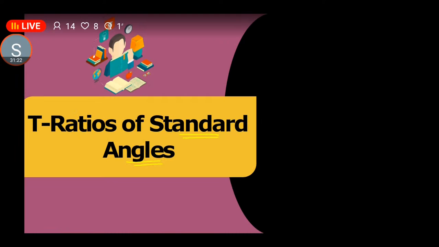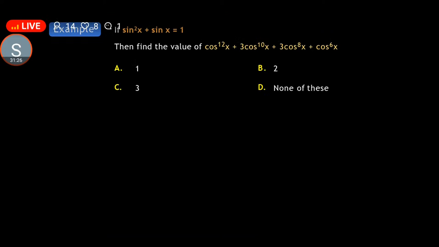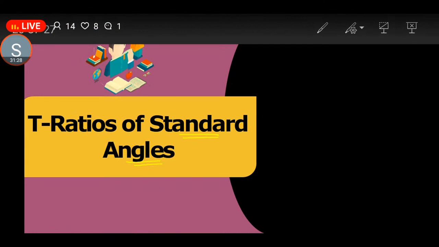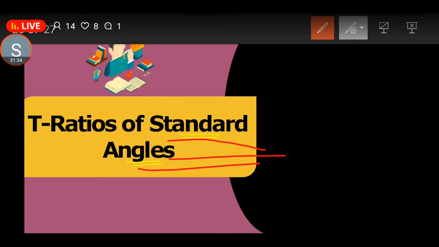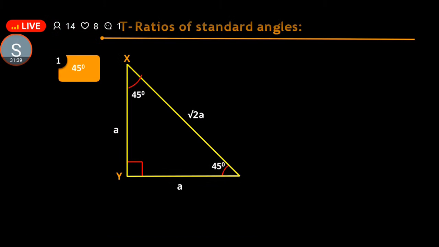Now we'll go to the trigonometry of standard angles. Trigonometric ratios of standard angles. How to find those?